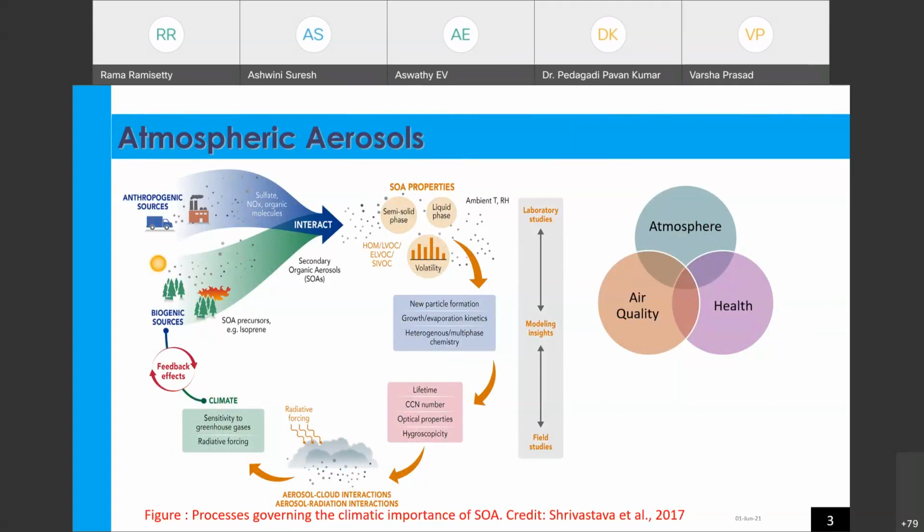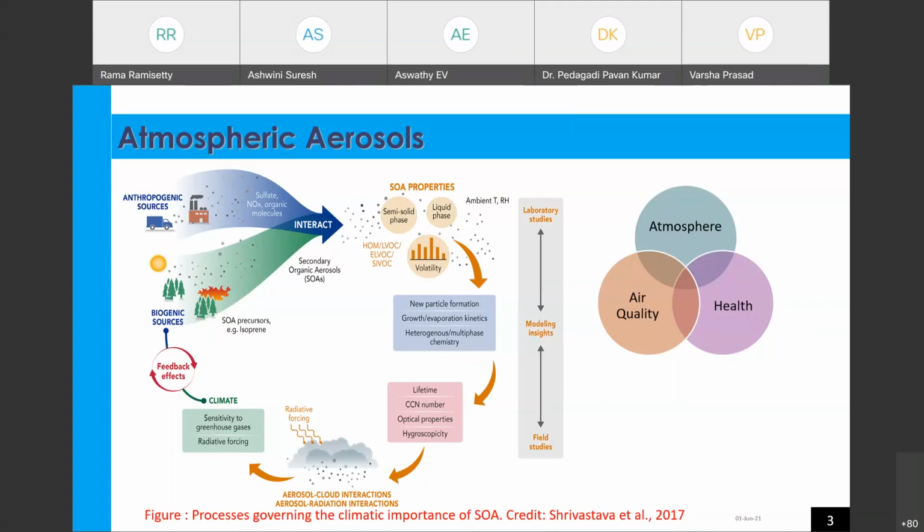Atmospheric aerosols are very important to understand, because they impact directly the atmosphere, air quality, and human health. There are a lot of sources for atmospheric aerosols. They can be primary or secondary, biogenic or anthropogenic. In order to study these aerosols, we have to understand their physical and chemical properties, so that we can understand their origin and evolution.